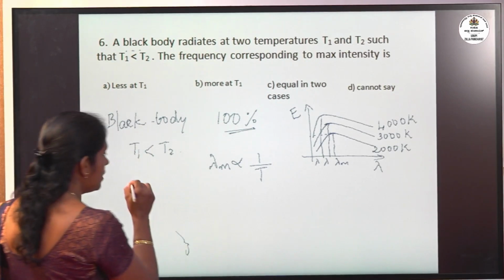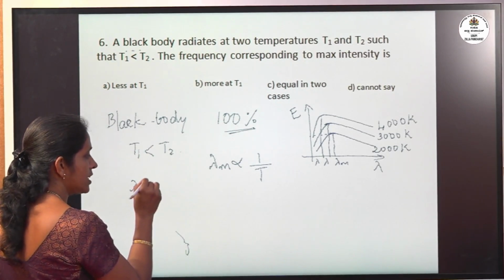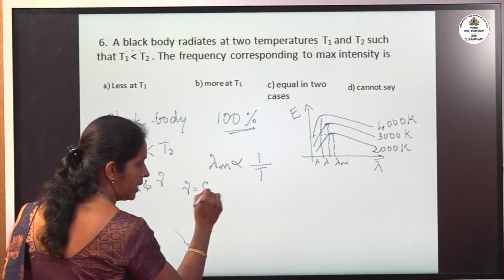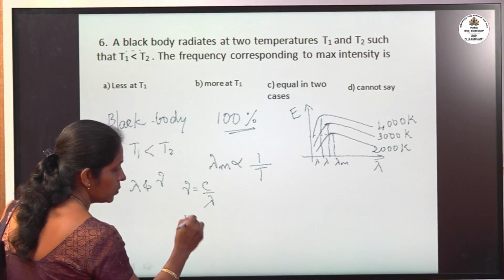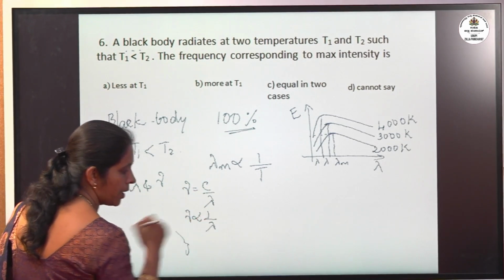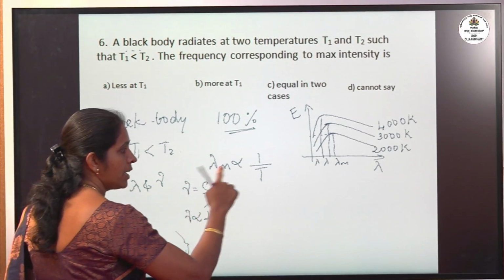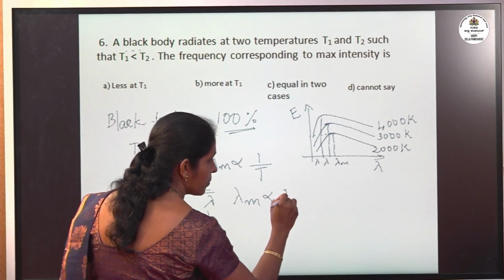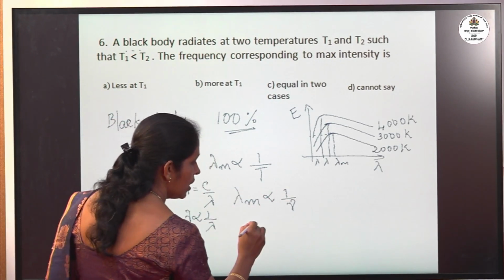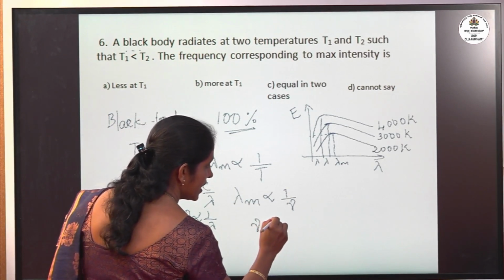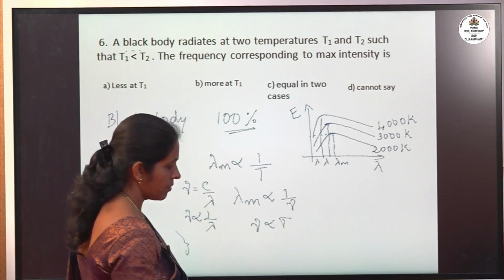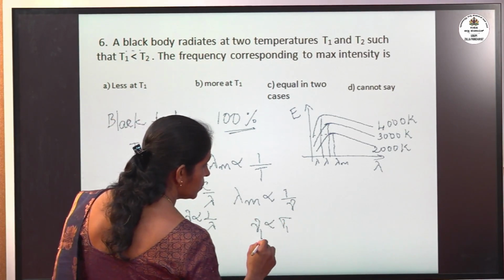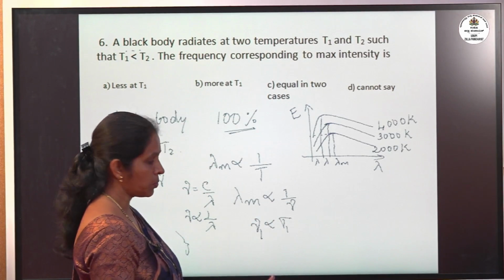But wavelength and frequency are related. We have the relation nu is equal to c by lambda, that is, nu is inversely proportional to lambda. Since lambda m is inversely proportional to T, and lambda m is also inversely proportional to nu, frequency is directly proportional to temperature. Nu1 is directly proportional to T1, nu2 is proportional to T2.